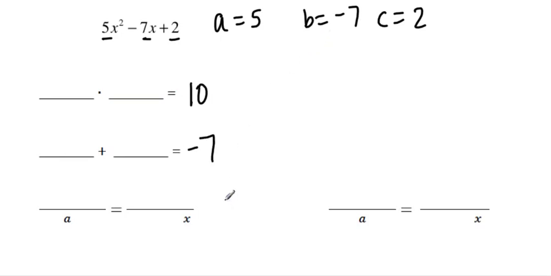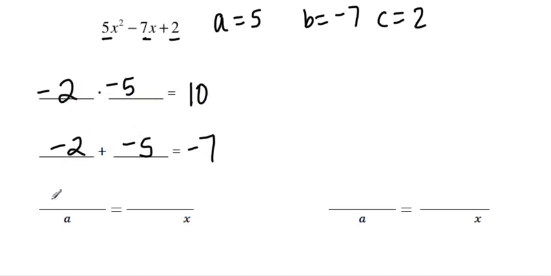So I'm looking for numbers that multiply to be positive 10 and add to be negative 7. So 2 and 5 come to mind, but to add to be negative 7, I know that both of those have to be negative. So those multiply to be 10 and those add to be negative 7.